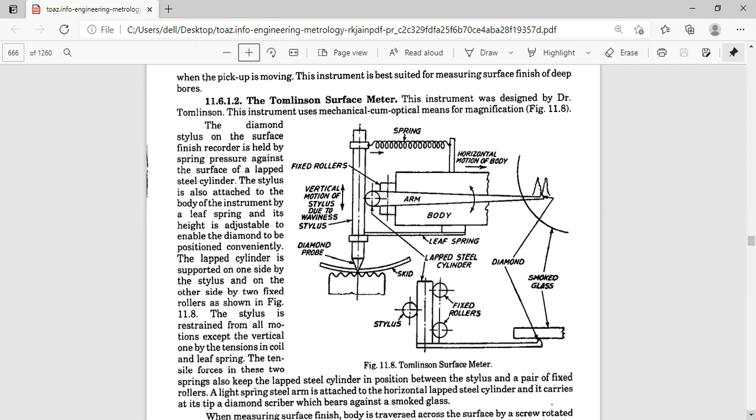So you have to regulate or restrict the movement of the stylus or the probe in all other directions except the vertical direction, by the tensions in the coil and the leaf spring.